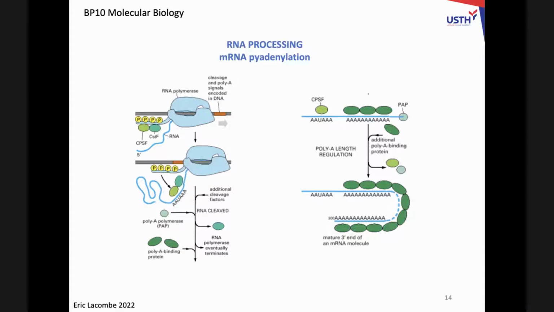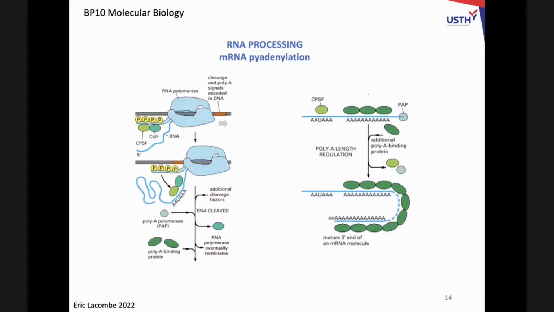We won't talk about that in this lecture, but I think it's important that you have in mind that the size of the poly-A tail is directly proportional to the half-life of the RNA in terms of number of translations.